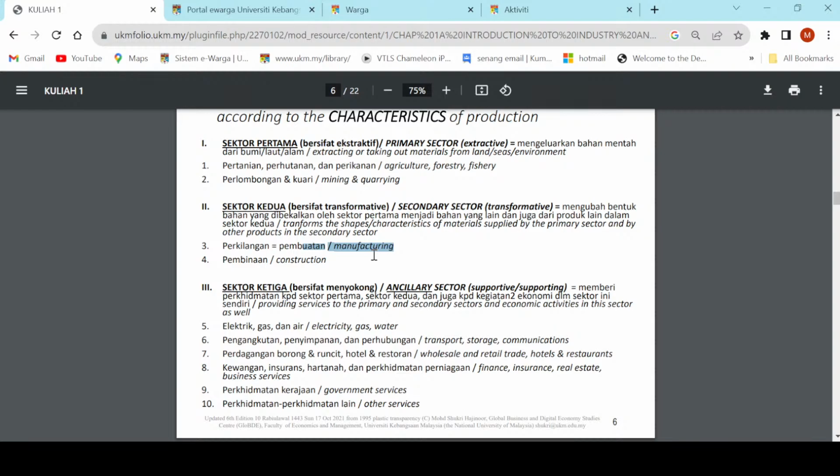So other products, for example, just now, bricks. To make the building that you see at the faculty, bricks are laid, put together by cement. Cement comes from mining.